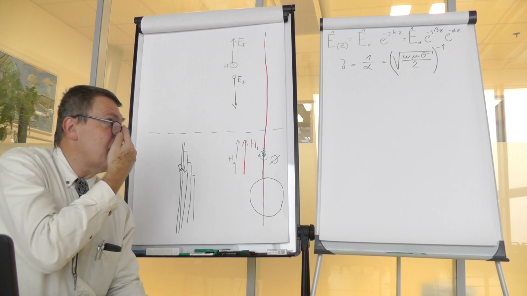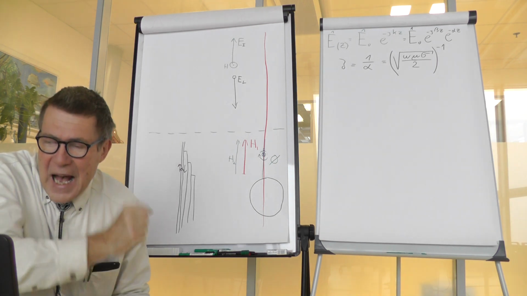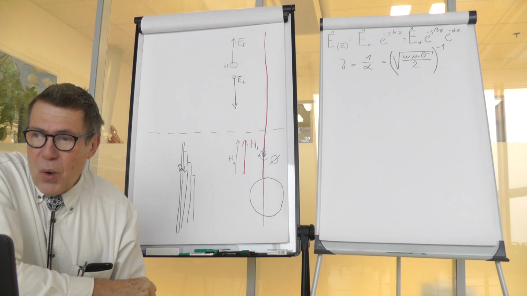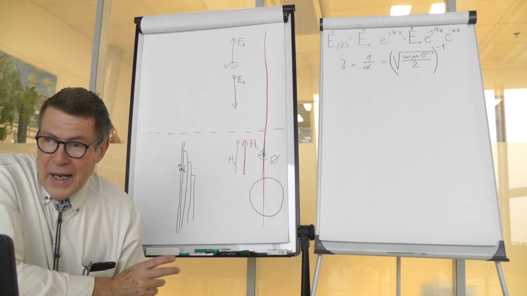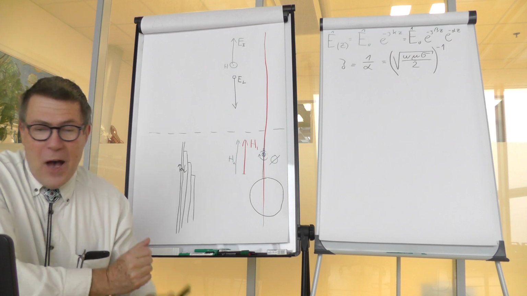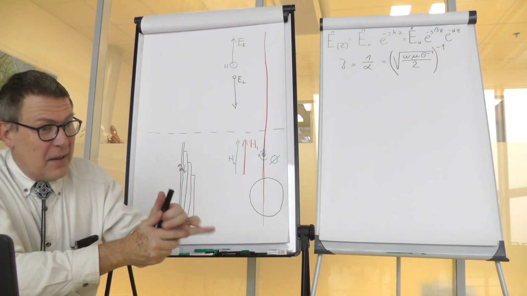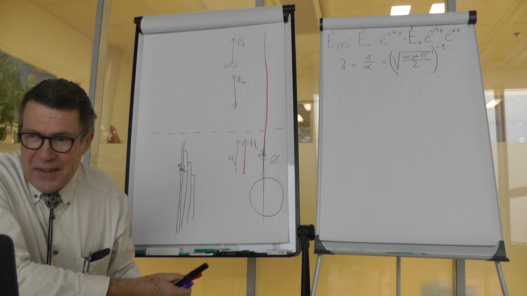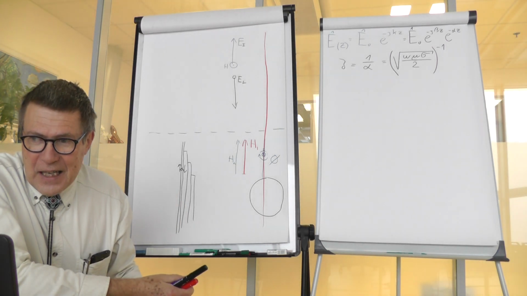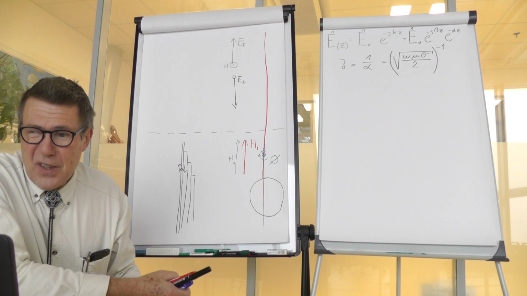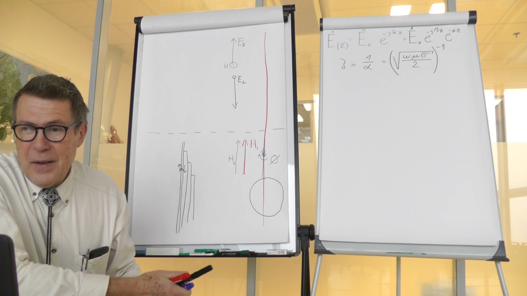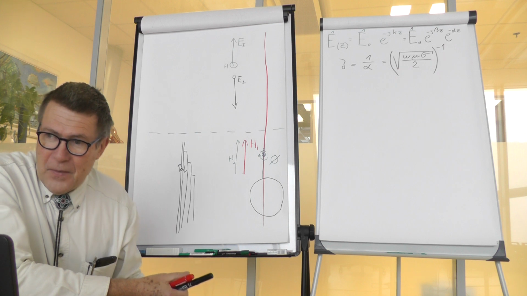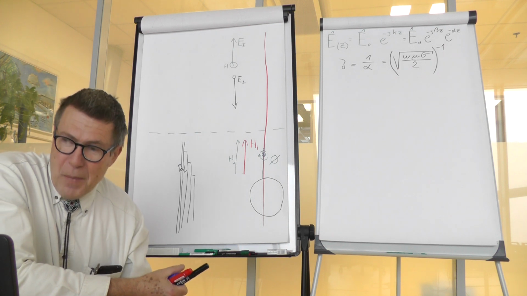Well, okay, this is very nice. And it works for small currents. Why? Well, because if you have a thick conductor, something like a thumb, you have to consider that the current does not distribute through the surface in a good manner.